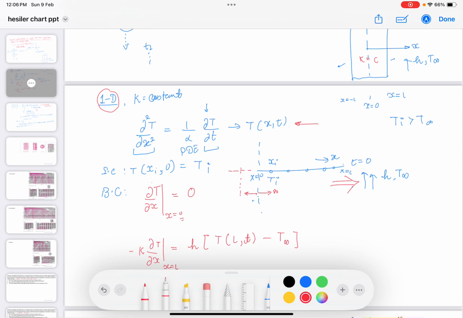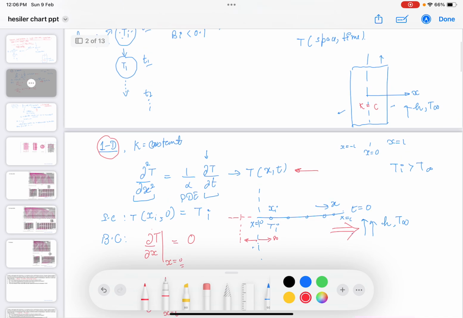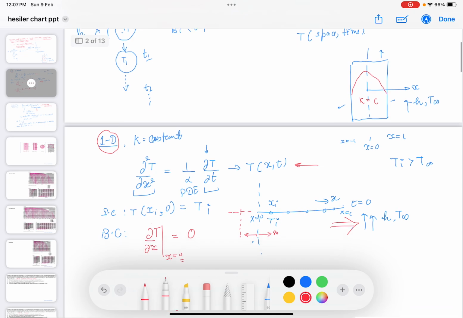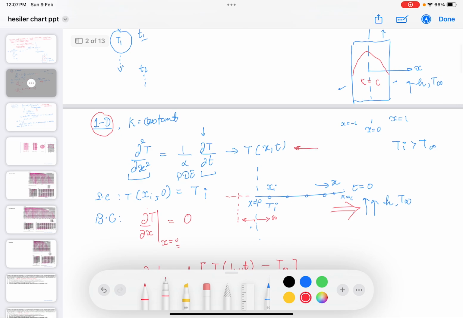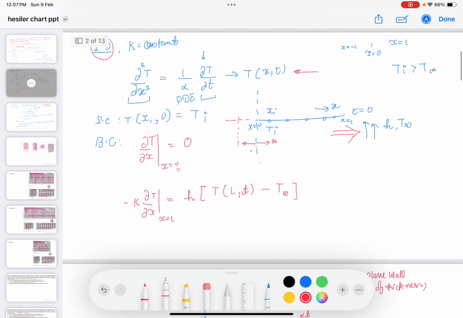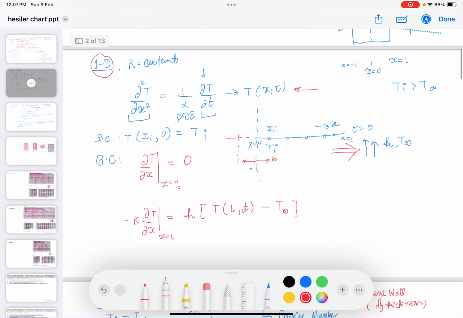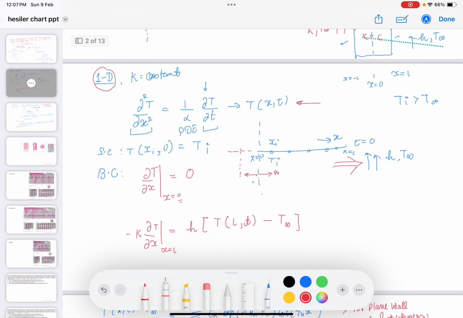Since the body is symmetric about the x equal to 0 plane, the temperature profile will be symmetric about the x equal to 0 plane, considering there is no heat generation inside the body and both sides of the body are exposed to the same fluid. Alright, so this will be a partial differential equation, which is the governing equation for this case. It is of order 2 in the x dimension and order 1 in the time dimension.